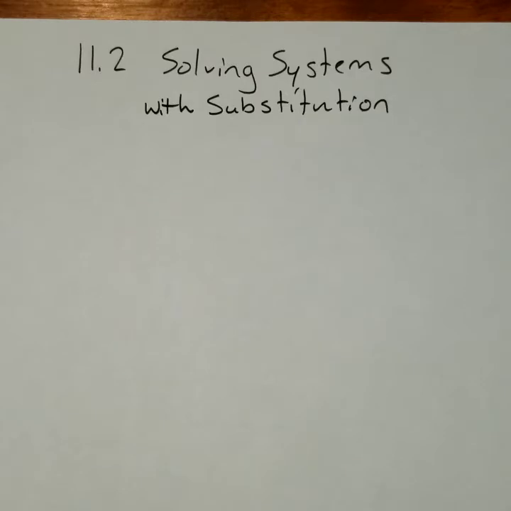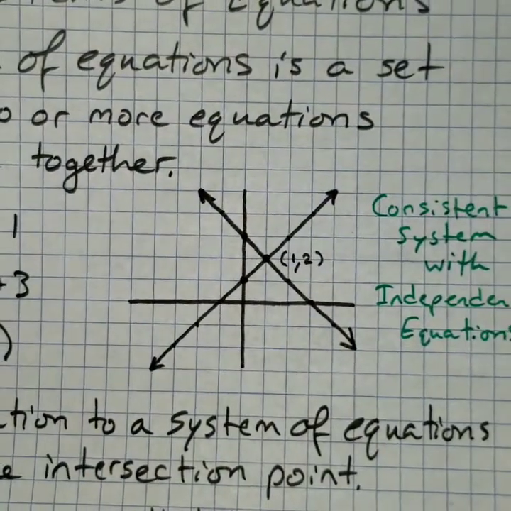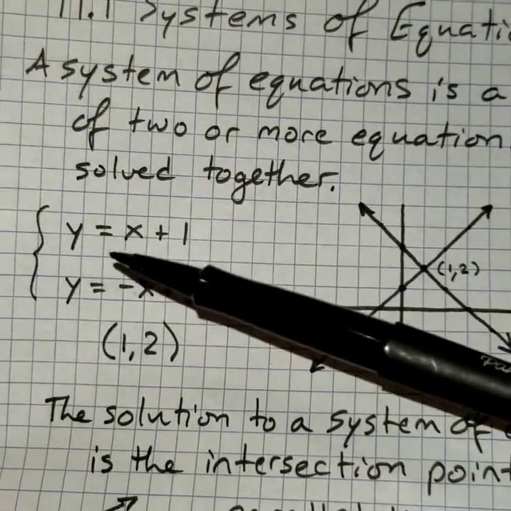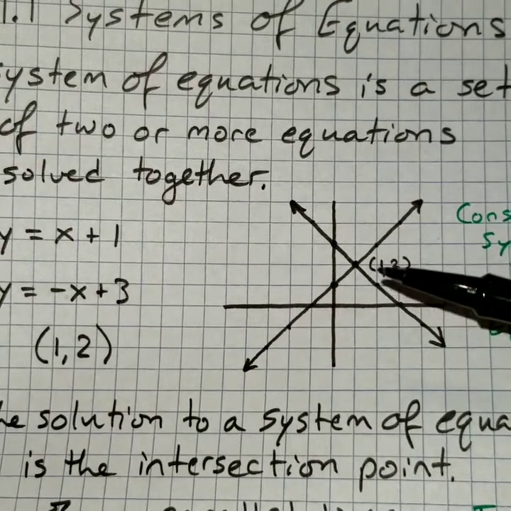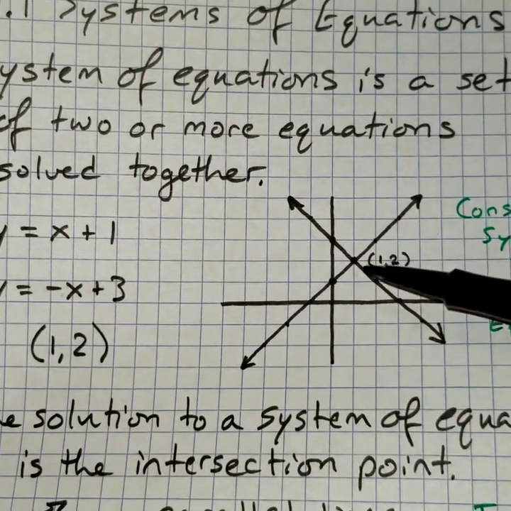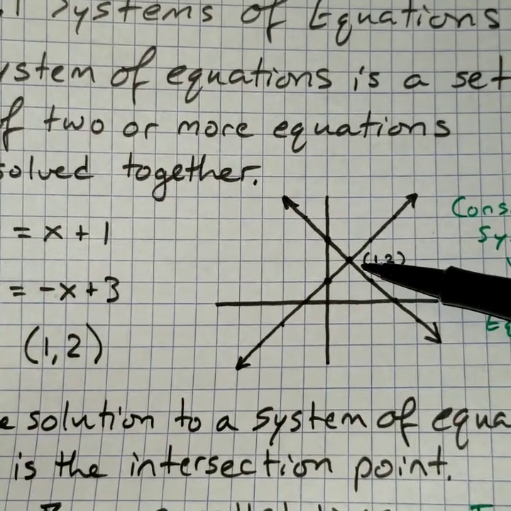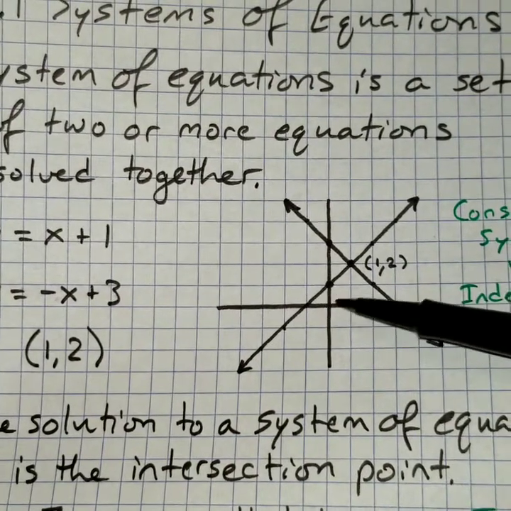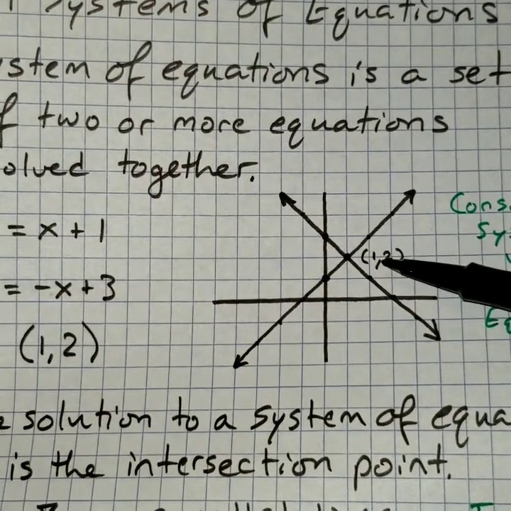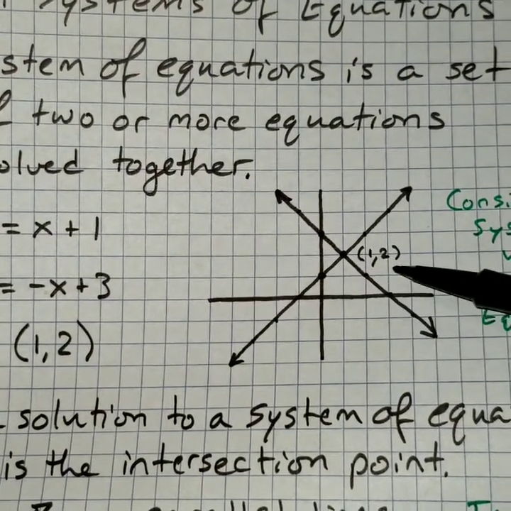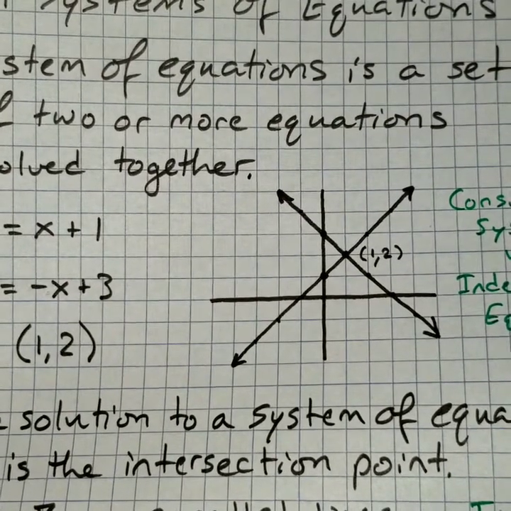So the main idea is this. In the previous video, previous section, we looked at systems. We had a system where the two graphs intersected at one point. Anytime you have two graphs that intersect, at that point the x values for each equation and the y values for each equation are equal.